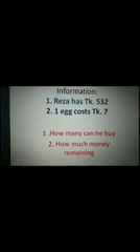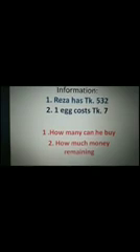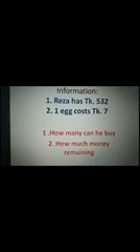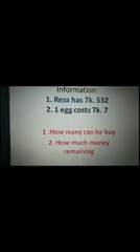Number 1, Reza has taka 532, and number 2, 1 egg costs taka 7. And what should we find out? How many can he buy and how much money remaining? How much money remaining, we have to mention it also.